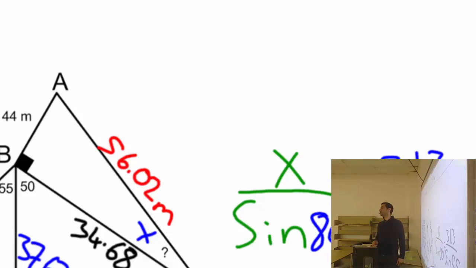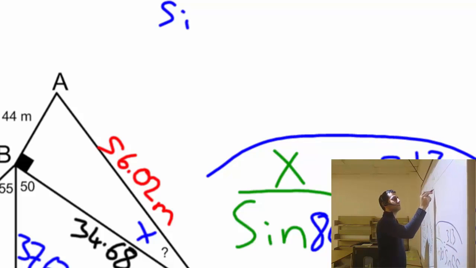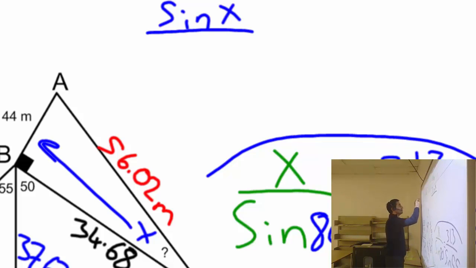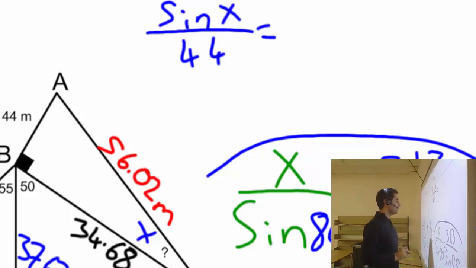Now I'm going to use the sine law. Sine X is on top, divided by the side it belongs to, which is 44, equals, now I'm going to use the angle I know and the side I know, which is this 90 degree.